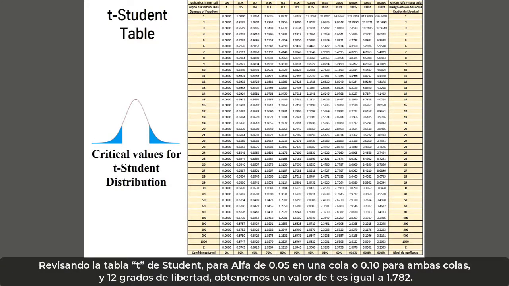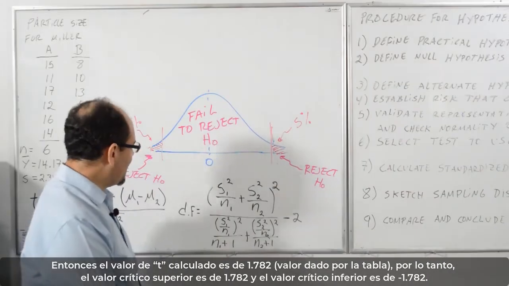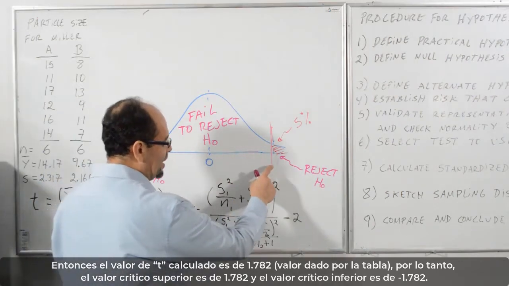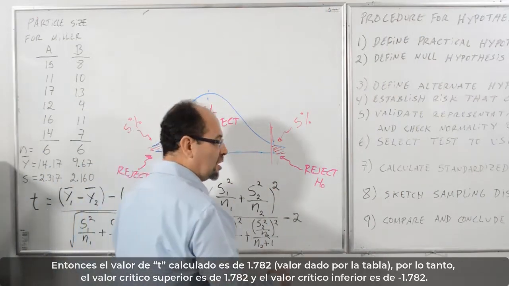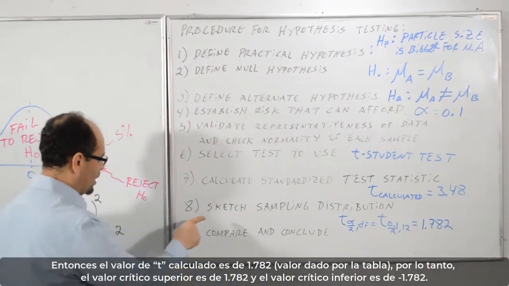Taking a look at the T student table, with alpha for one tail 0.05 or for both tails 0.1 and degrees of freedom of 12, T is equal to 1.782, which is the value from the table.